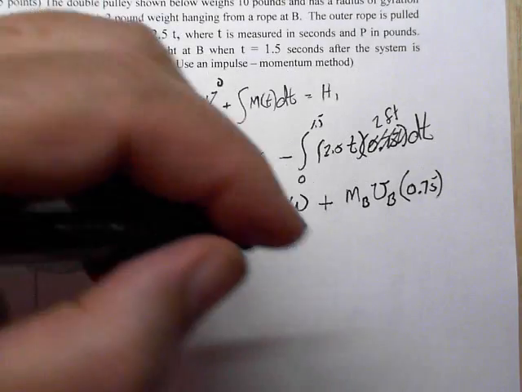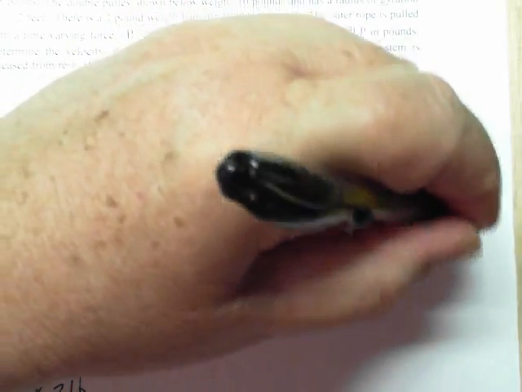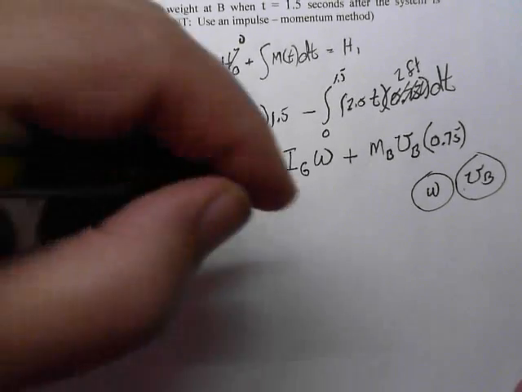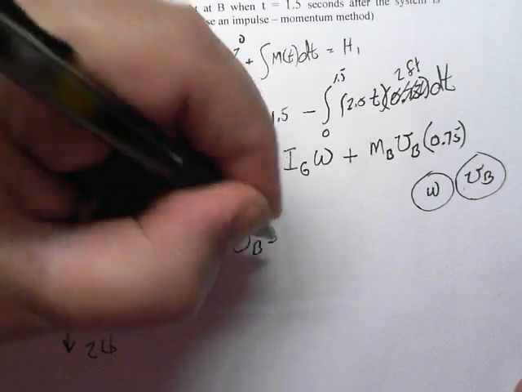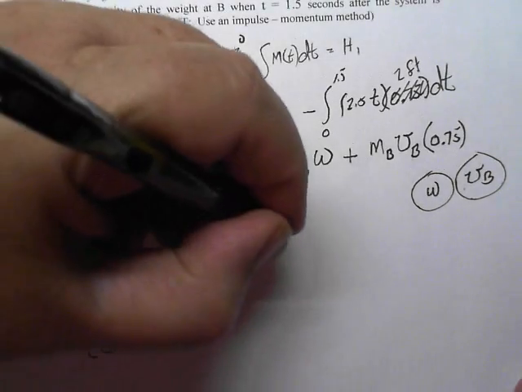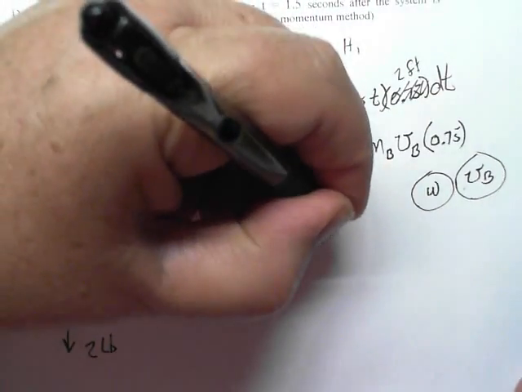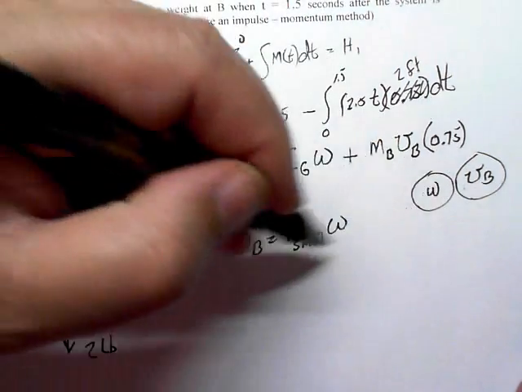And we will not know omega, and we will not know v sub B. But we do have the kinematic equation that says v sub B is equal to r small times omega, and these will have the same unknowns in it.